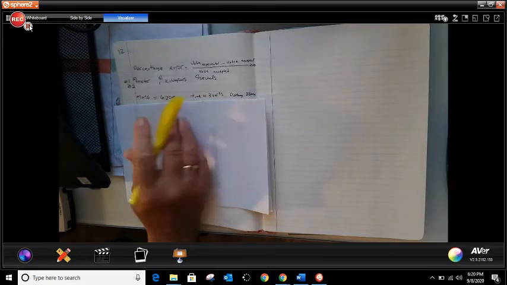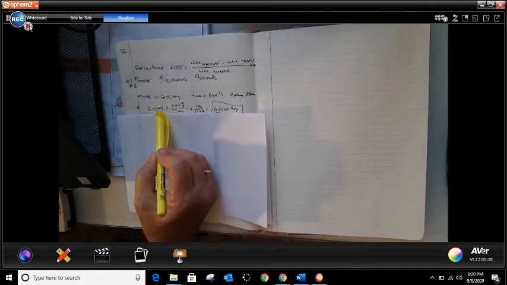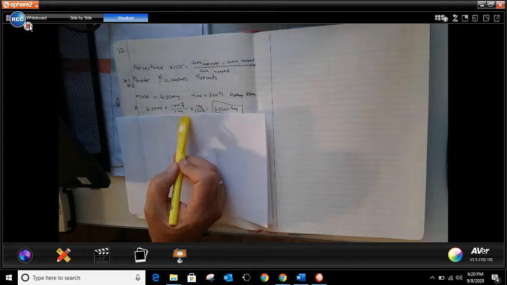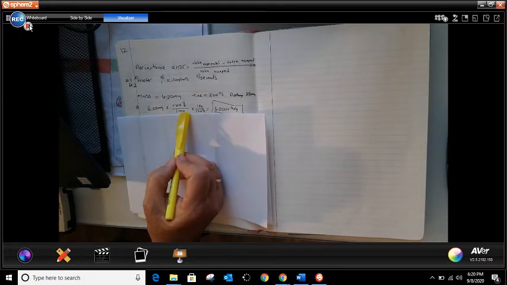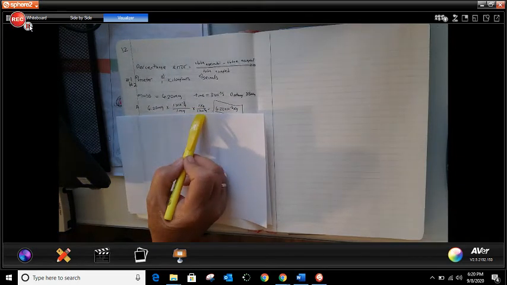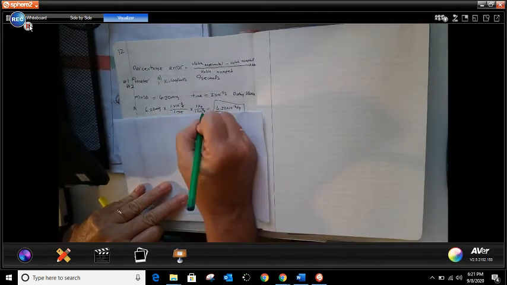So we're going to say 6.20 milligrams over 1, times 1 times 10 to the negative 3 grams over 1 milligram, times 1 kilogram over 1 times 10 to the third grams. What we want to do here is cancel out. Milligrams cancel out, grams cancel out, and the only thing we have left is kilograms.